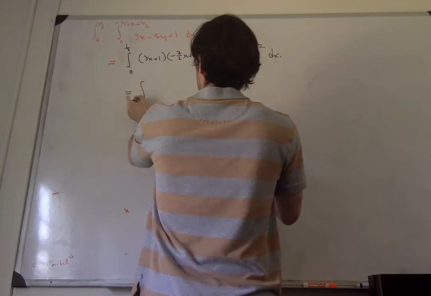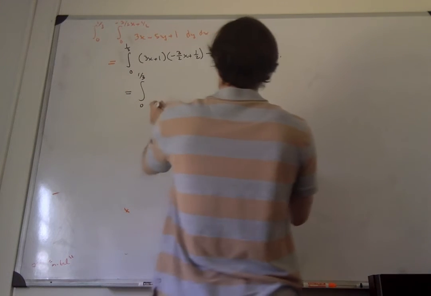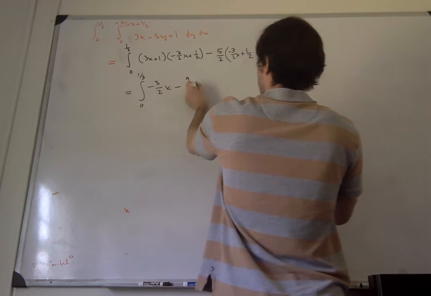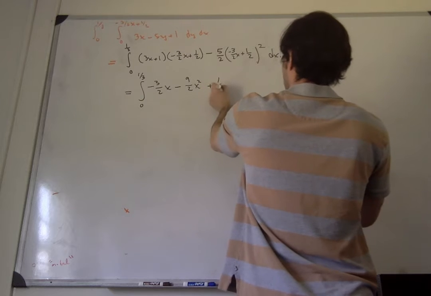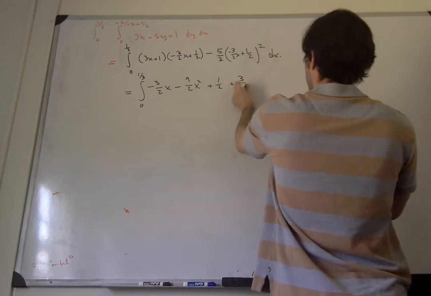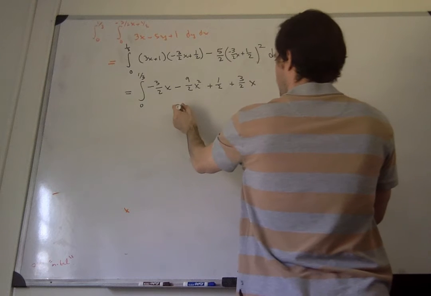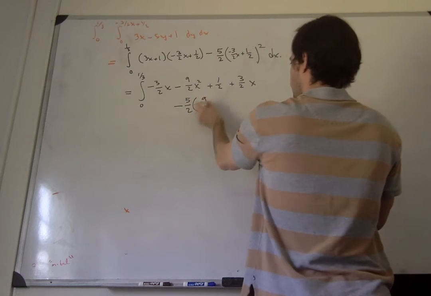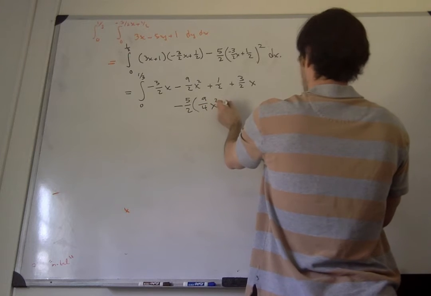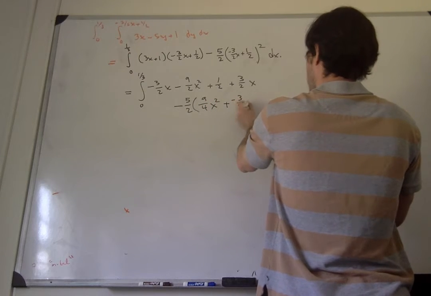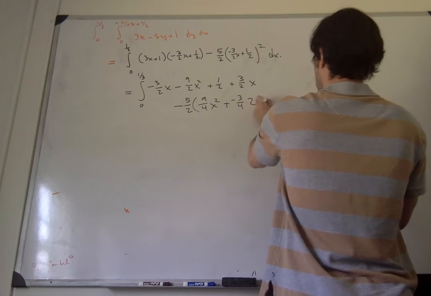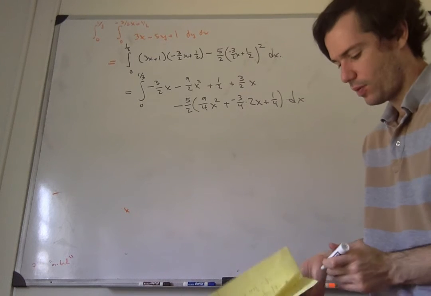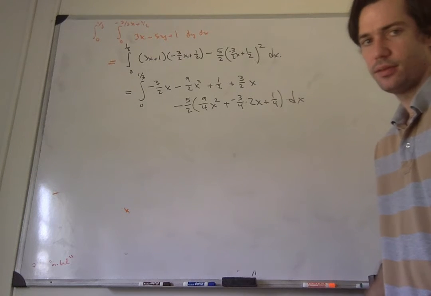Once I carry this out, I should get the following: negative 3/2 x minus 9/2 x squared plus 1/2 plus 3/2 x minus 5/2 times 9/4 x squared plus negative 3/4 times 2x plus 1/4 dx. And you might want to pause this for a moment and do it yourself, okay?